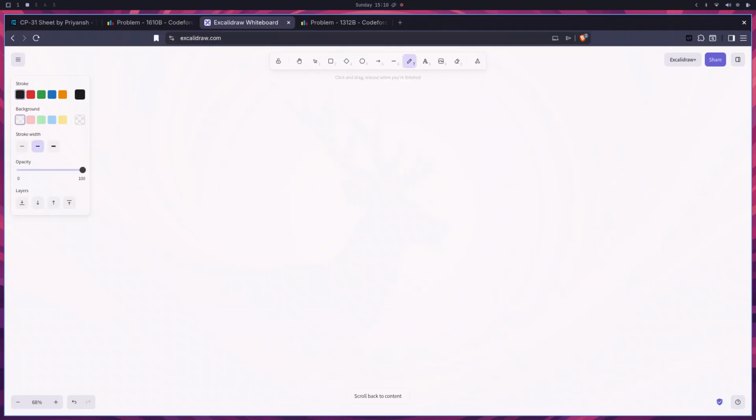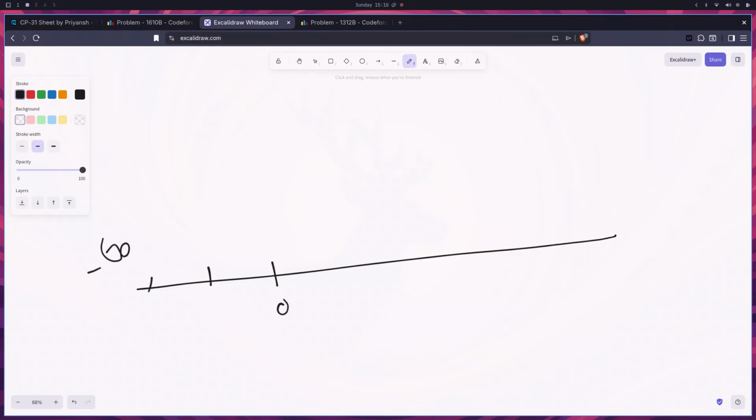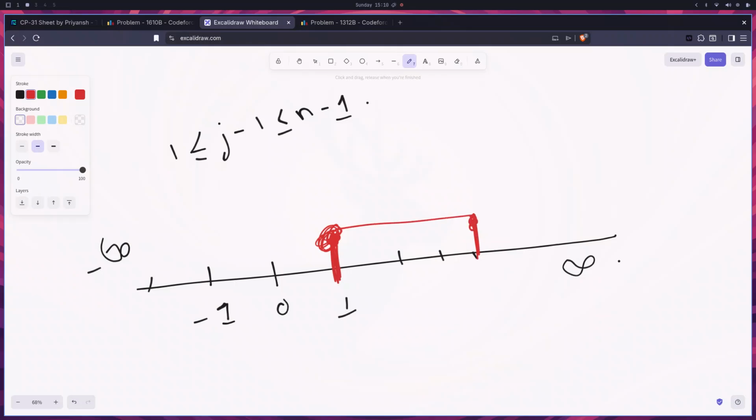So if this is a number line, up to minus infinity, and here 0, 1, up to infinity. According to the inequality, j minus i lies from 1 to n minus 1. Let's say this is n minus 1.